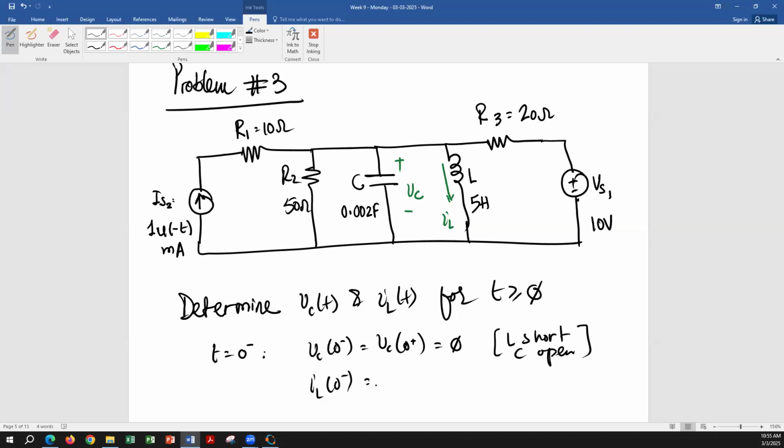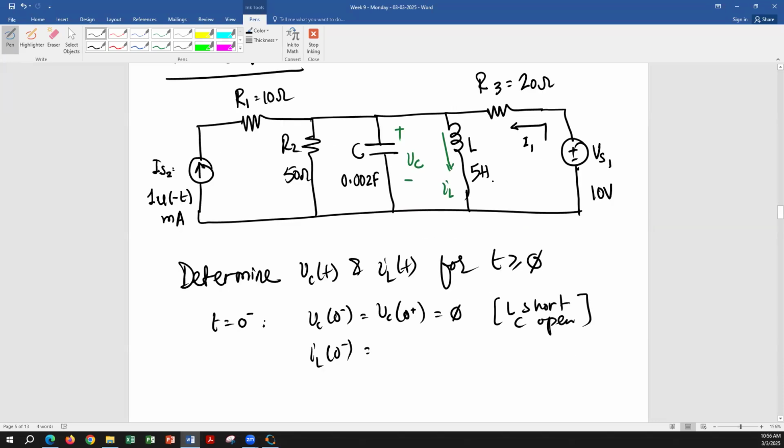So it's going to be the combination of IS2 plus the current that is being supplied by VS1, which will be VS1 over R3. So if we call this I1, I1 is VS1 over R3 because this is shorted out.